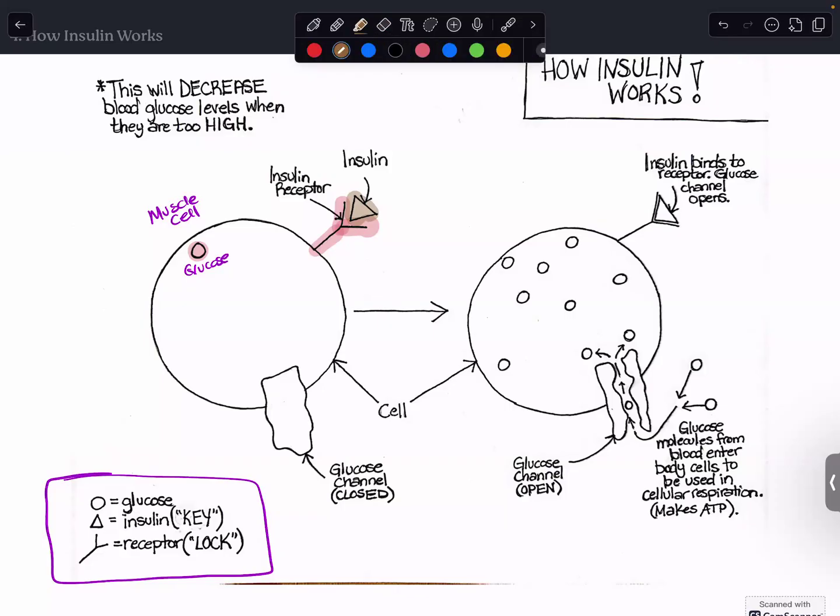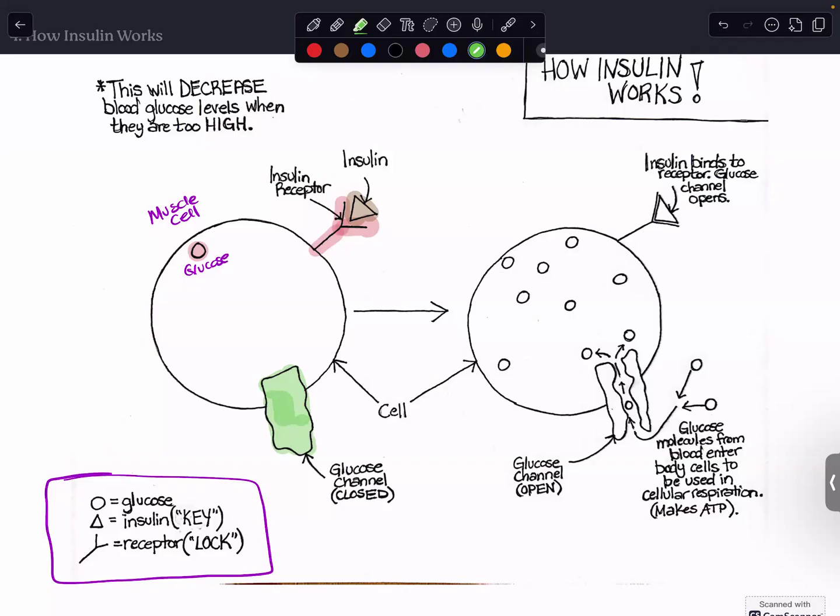If we take a look on that same cell, not only do we have receptors, but we also have glucose channels. And a channel is anything that lets a signal pass through, right? So this glucose channel is specifically there to let glucose in to the muscle cell so that the mitochondria can use it to generate energy in the form of ATP within the muscle cell from the blood, okay?